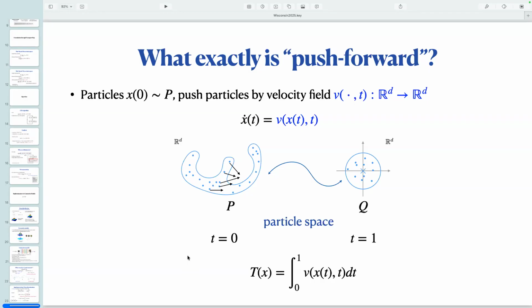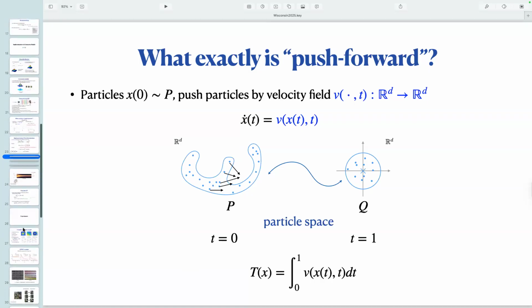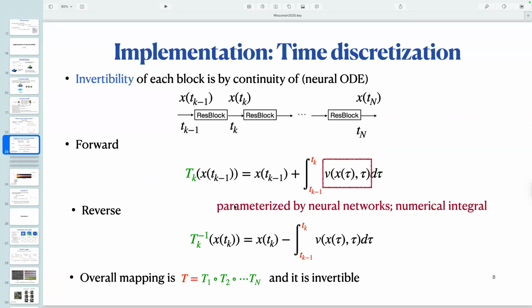Can I ask a quick question? Out of curiosity, why does T of X not have minus X0? I would expect that T of X is just the X1. But you take the integral, so... You mean this one? Even in the next one.